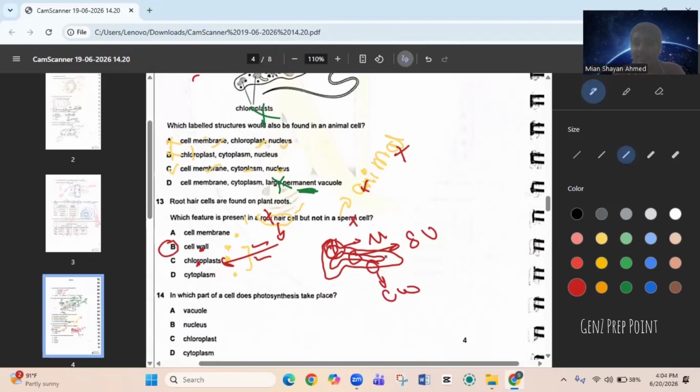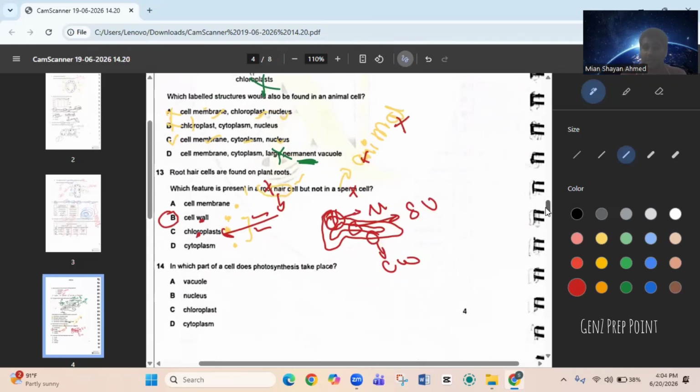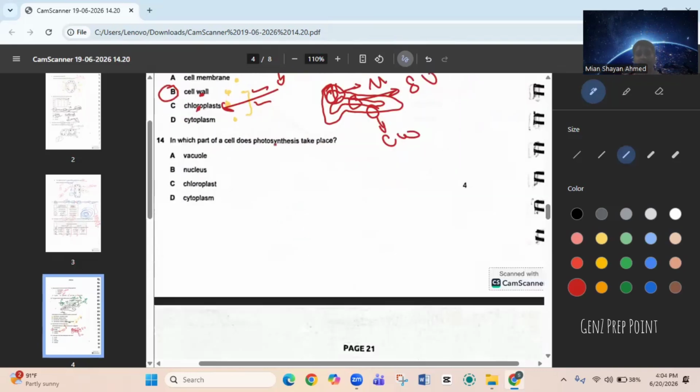So chloroplast isn't present in the root cells, because if there were chloroplasts, what would they do when there is no sunlight? It's just a matter of thinking. In which part of the cell does photosynthesis take place? We have all discussed that chloroplast is the center of photosynthesis.